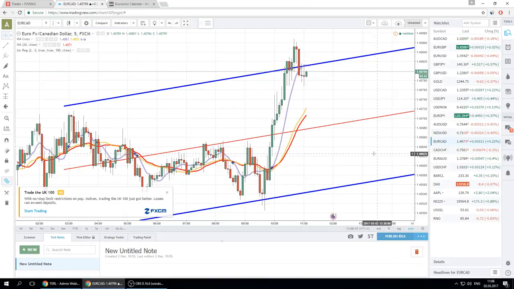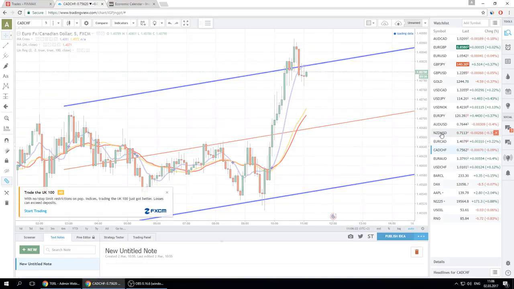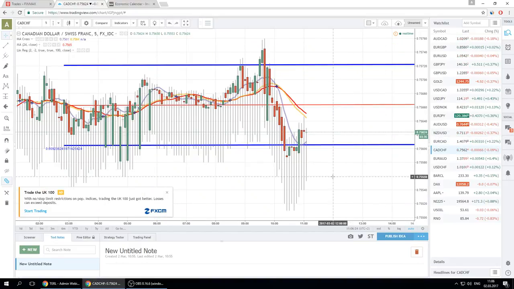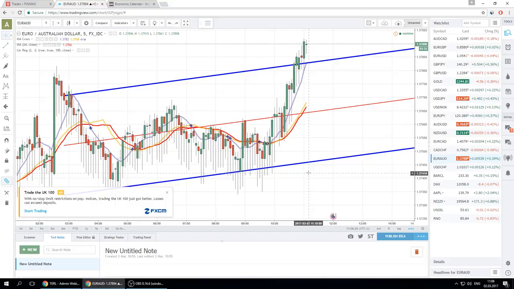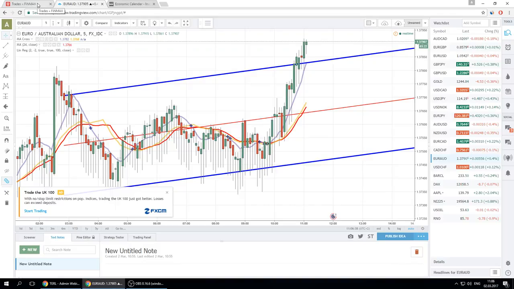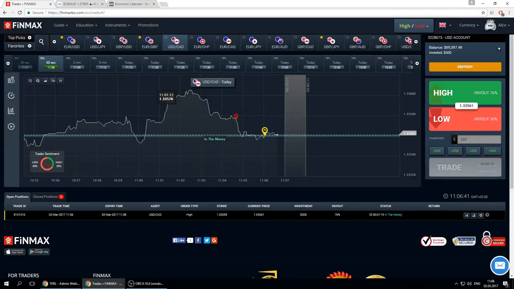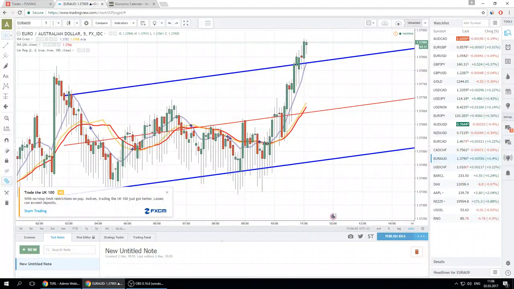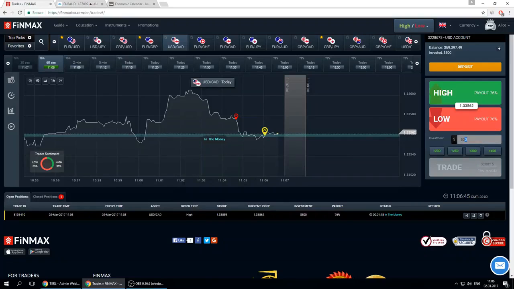For today, I'm planning to open a couple of short-term trades and afterwards to open a couple of trades for the longer period that will expire probably at 4 p.m. But we will prepare for the third stop.